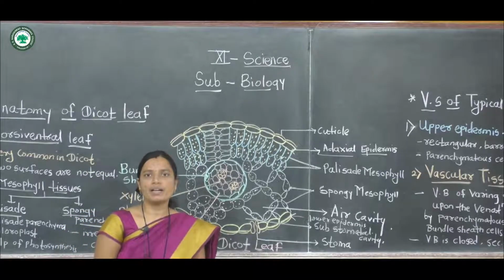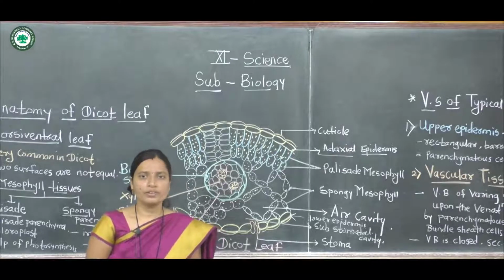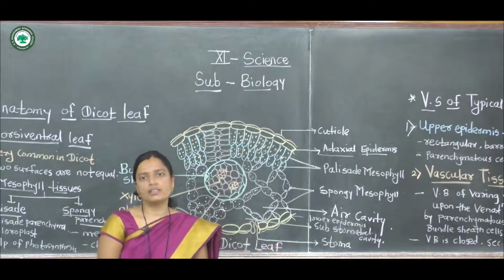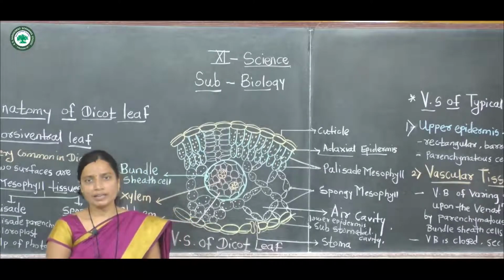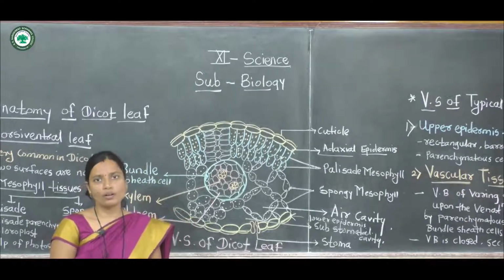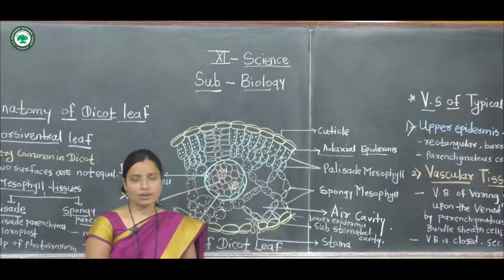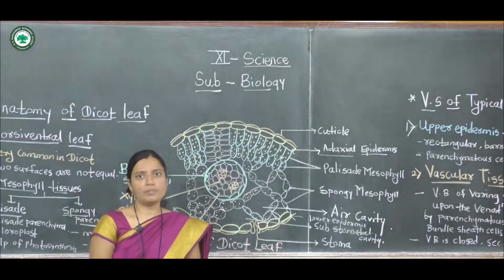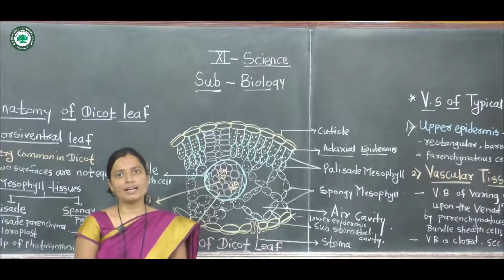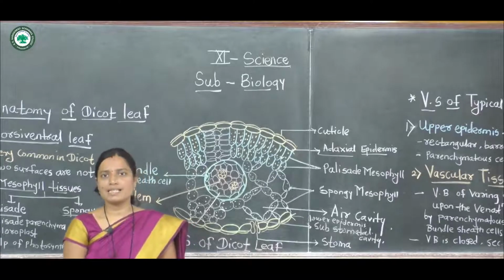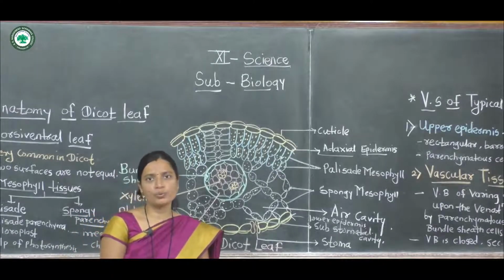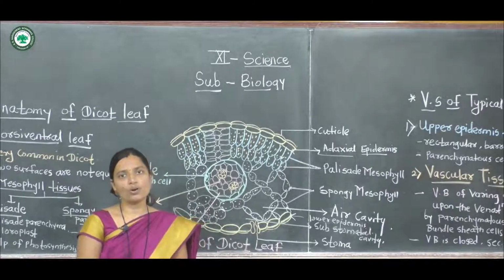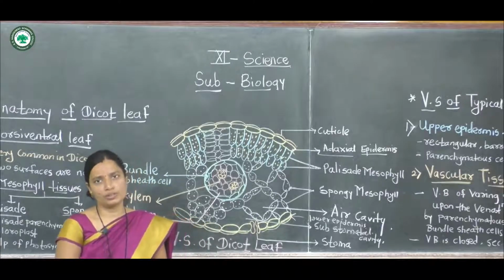The stomata play a very important role in the photosynthesis and respiration processes of plants, because the stomata are important for gaseous exchange, the exchange of different gases, CO2 and O2. They are also important for transpiration.